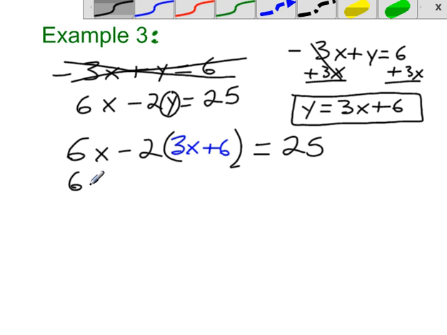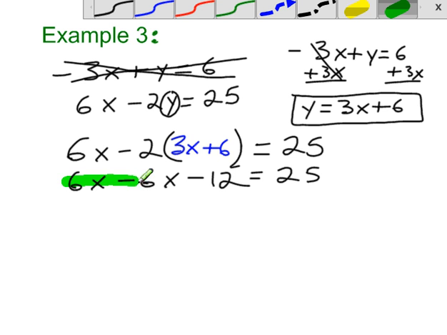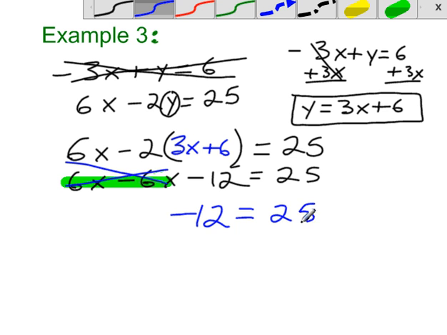Here we go. 6x minus 6x minus 12 equals 25. Guys, occasionally this happens. 6x minus 6x is 0. You're left with a minus 12 is equal to 25.